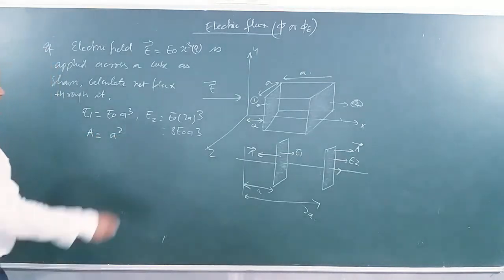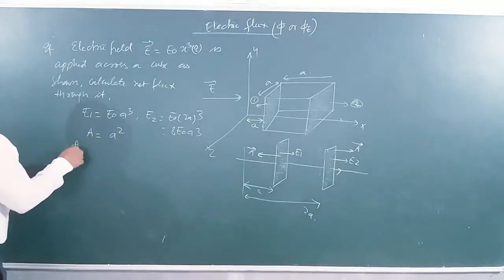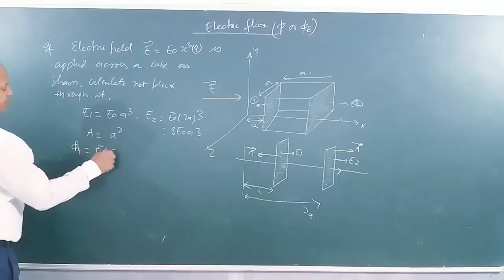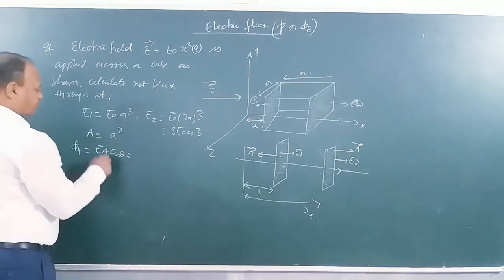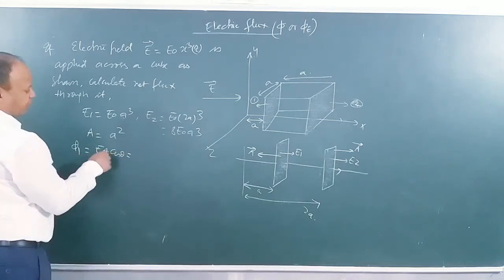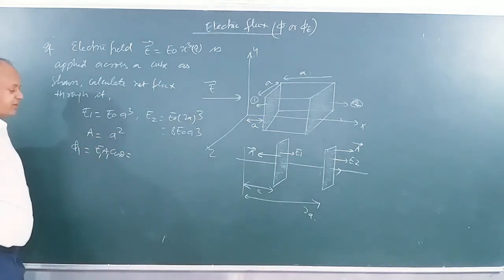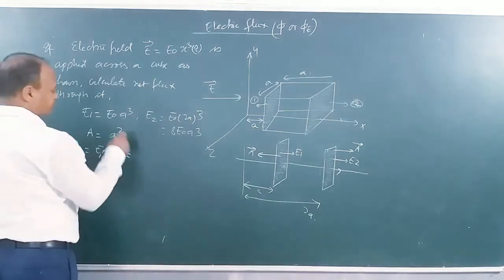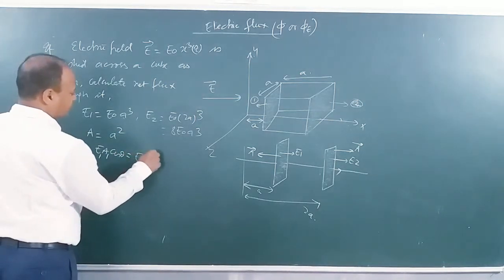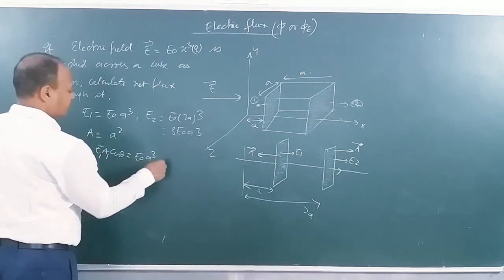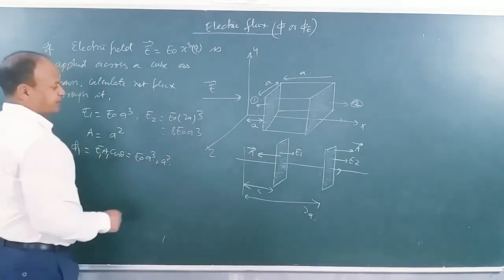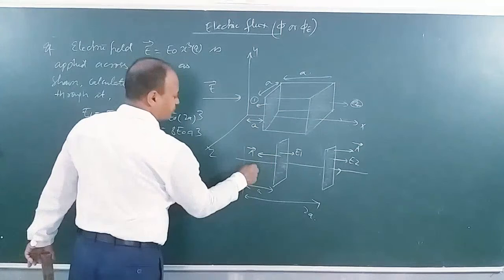Now we will calculate phi 1. Phi 1 will be E cos theta, or E1 A1 cos theta. We know that A1 and A2 both will be equal, and equal to A square. E1 is how much? E naught A cube into area A square. And in this case, how much is theta? 180 degrees.